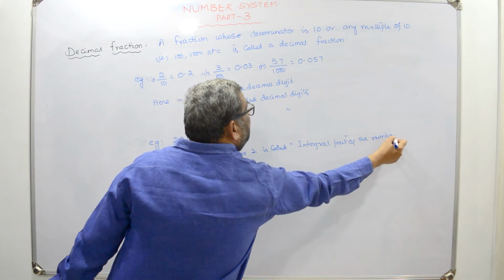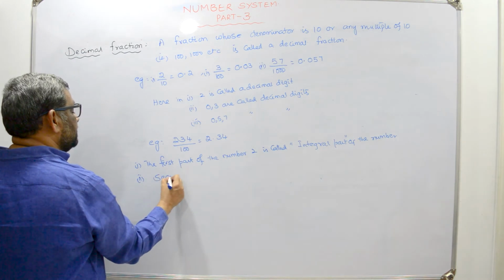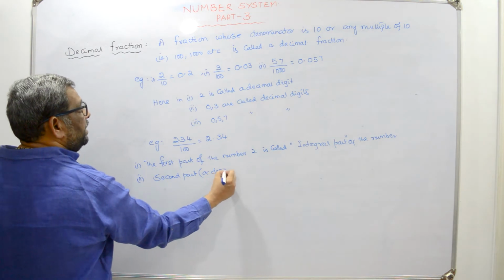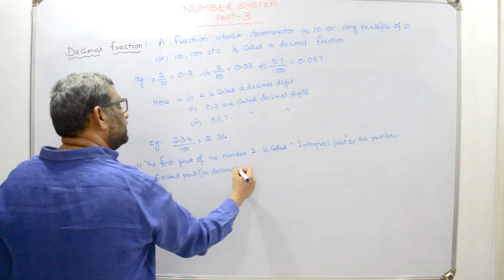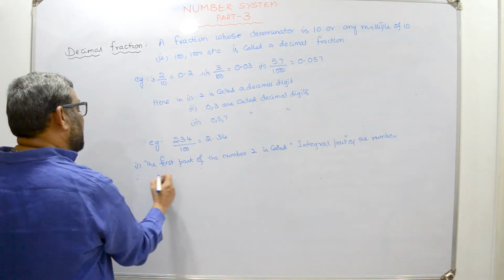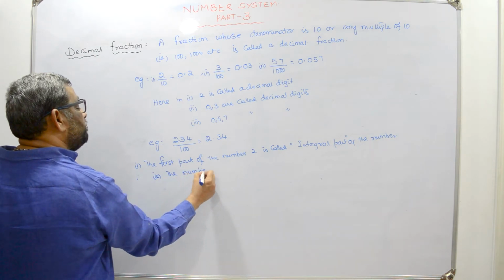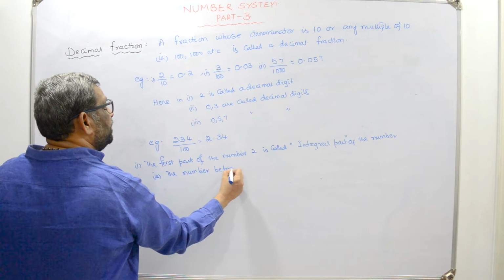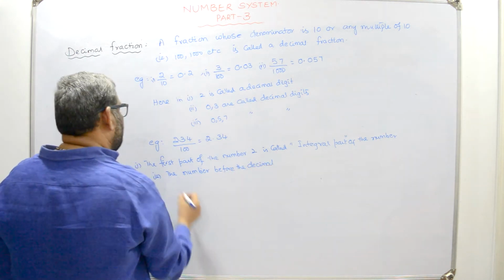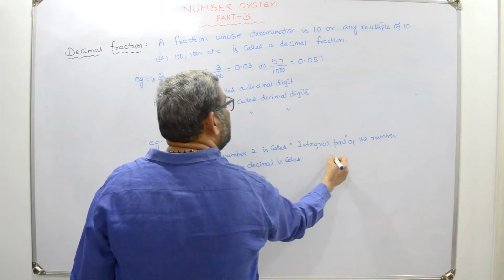The second part is the decimal part. The first part of the number is called the integral part. That is the number before the decimal. Before the decimal is called the integral part.